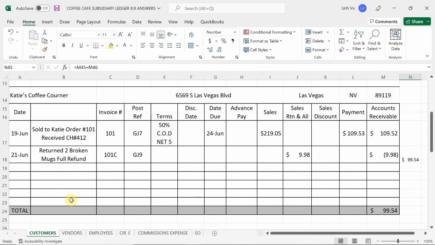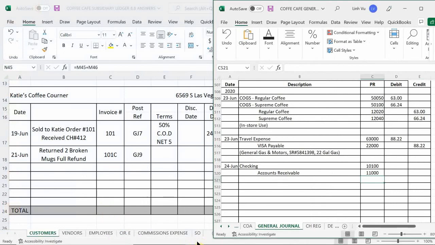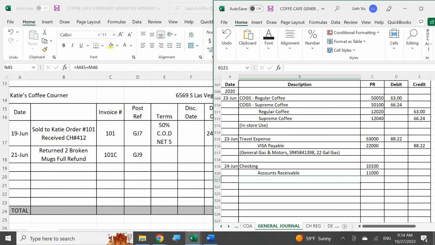Any discount opportunities? No. So no sales discount. So you're just gonna record whatever you have there. Checking is 99.54, and accounts receivable is 99.54. So in this case, what happened here? We received a payment, right? Yes.